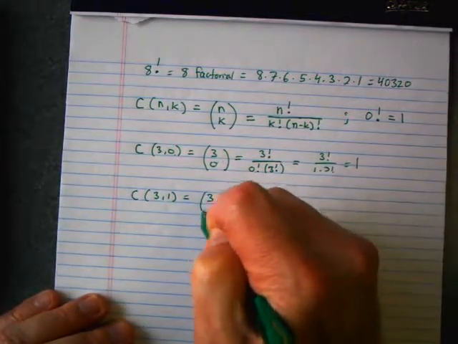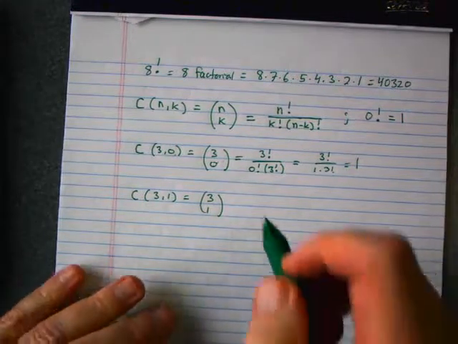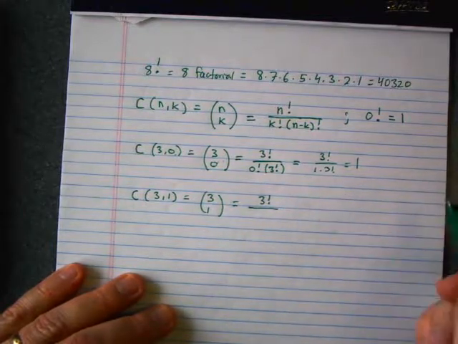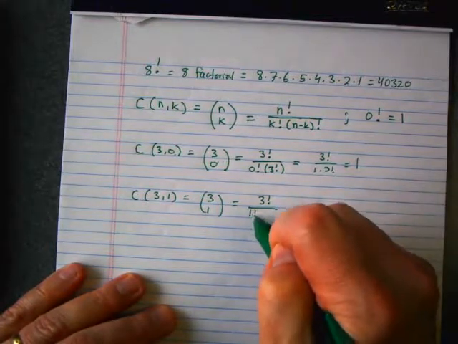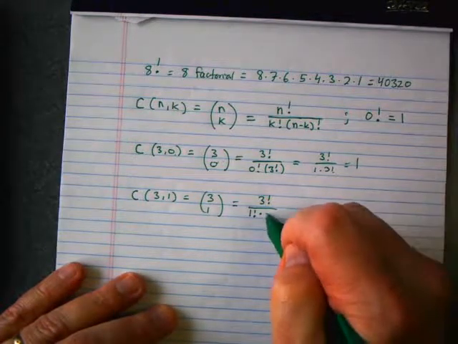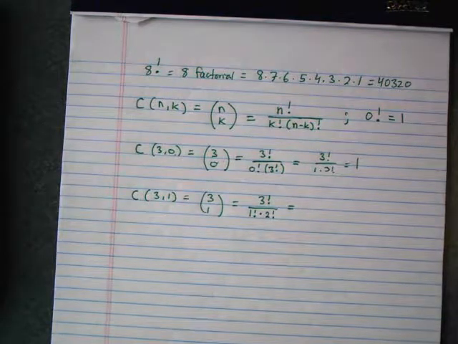That's also read 3 choose 1 quite often. 3 choose 1 would be 3 factorial divided by 1 factorial times 2 factorial. What's 3 factorial divided by 1 factorial times 2 factorial?